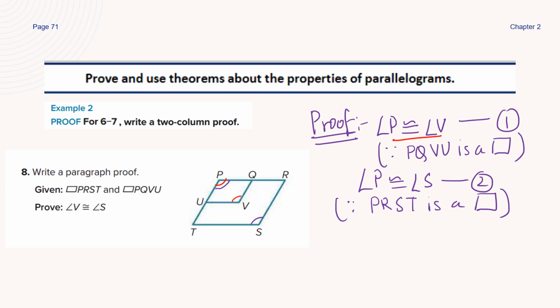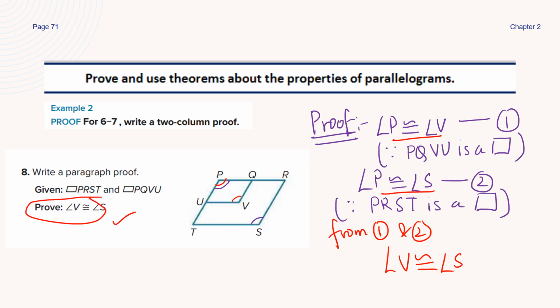So from 1 and from 2, you see both are equal to angle P. So for example, if angle P is 60 degrees, then angle V and S are also 60 degrees. So angle V is congruent to angle S, and that is what we needed to prove. So this is coming directly from the definition of a parallelogram, that opposite angles are equal.